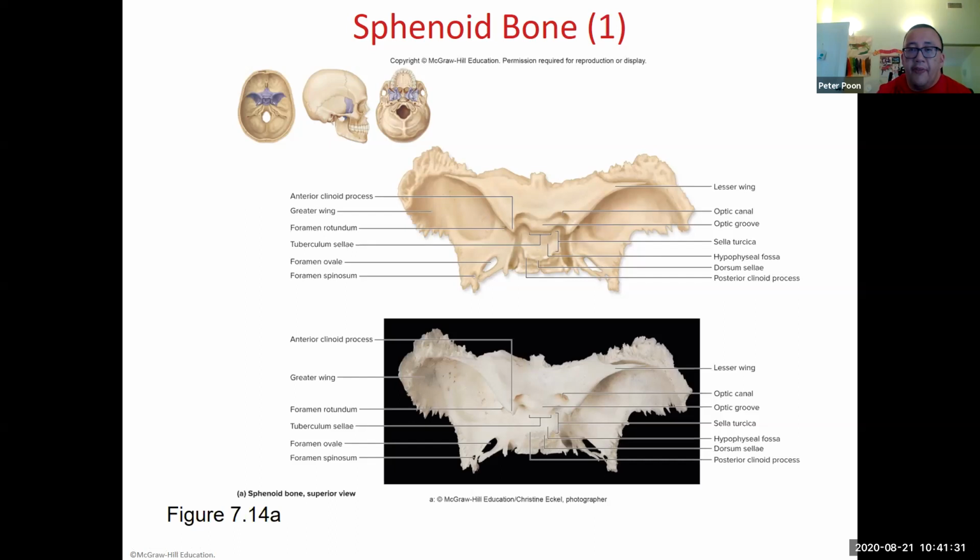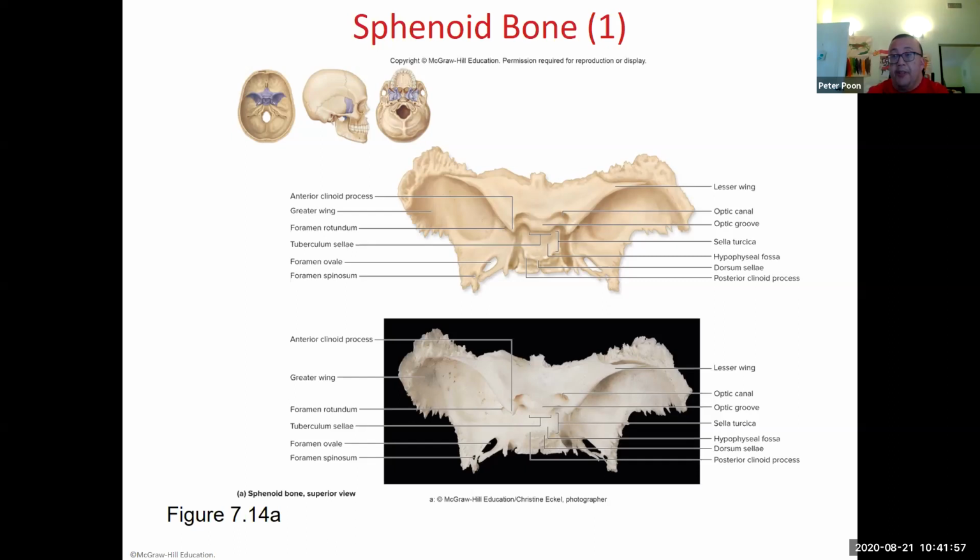The other important features of this bone are the optic canal, where the optic nerve actually runs into the skull, and this little place right here called the sella turcica. The Turkish saddle.